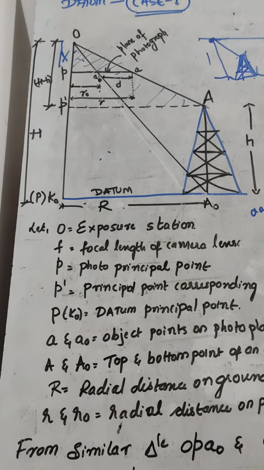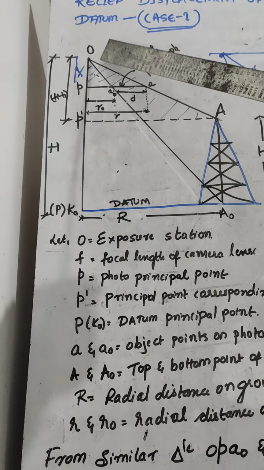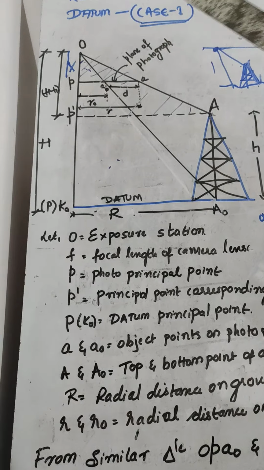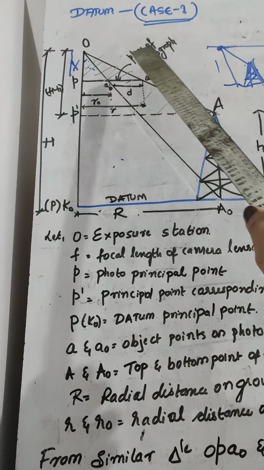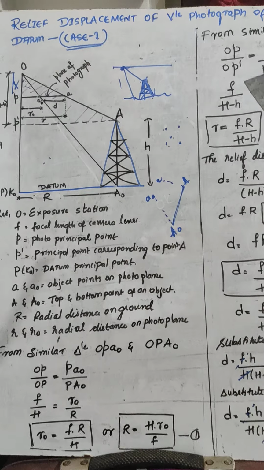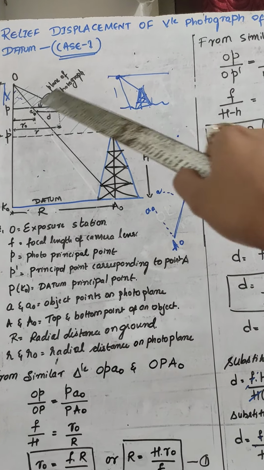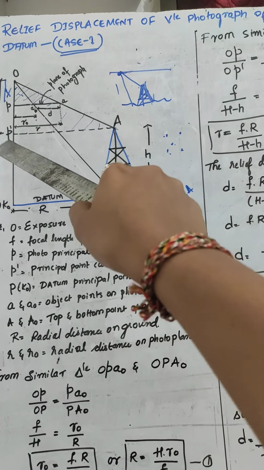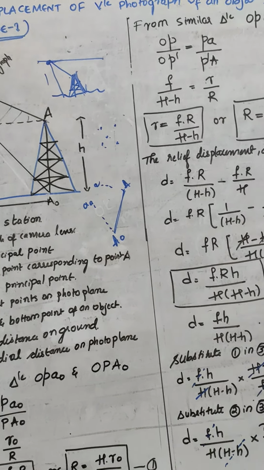From here also, if we take the similar angle triangle, that becomes OP by OP dash, then small pa by P dash capital A.